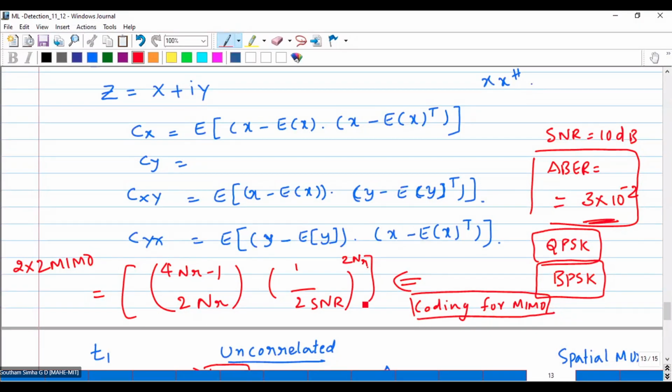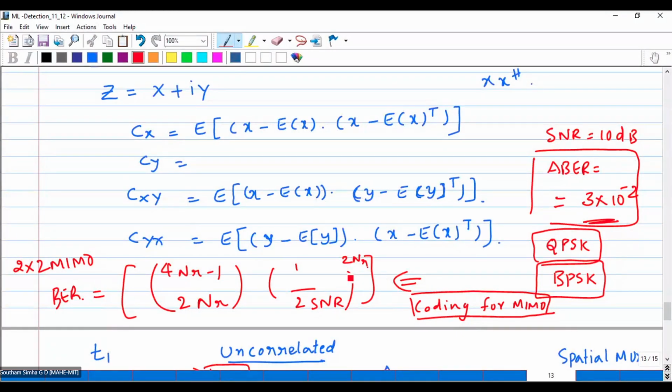If you are increasing the number of antennas from 2 cross 1 to 2 cross 2, the BER for a given SNR can be calculated, and this is supposed to work. 99.99% of the times this will work.